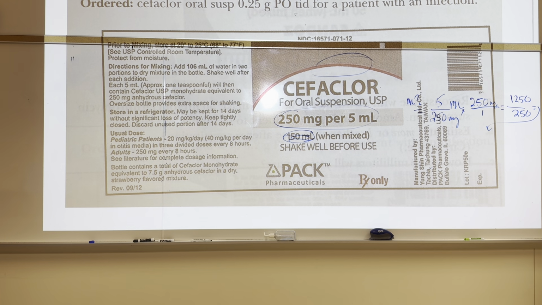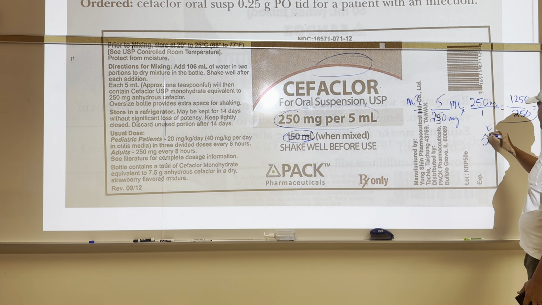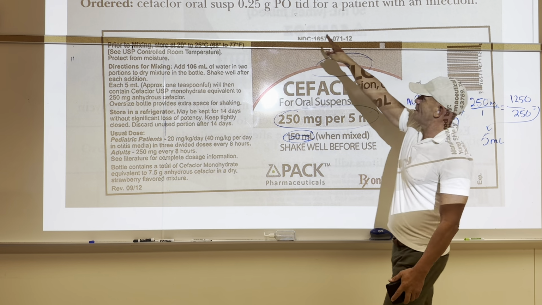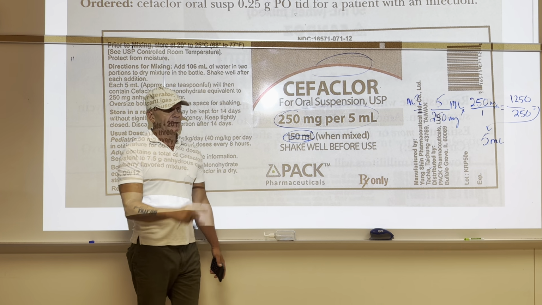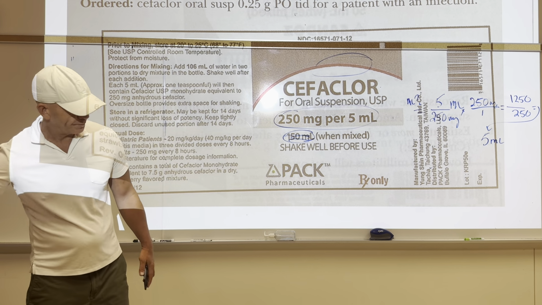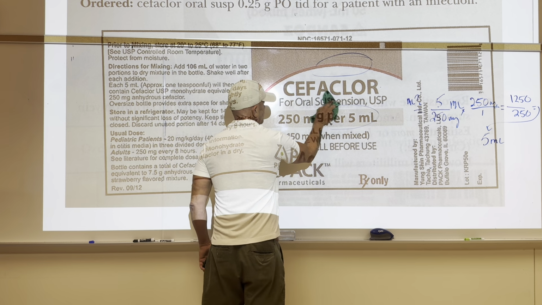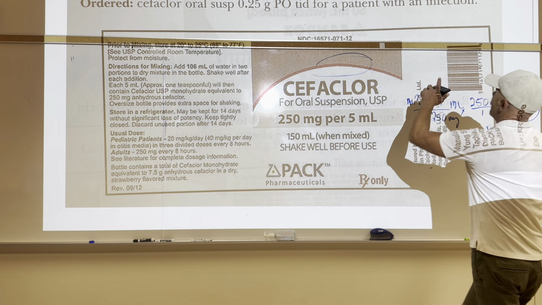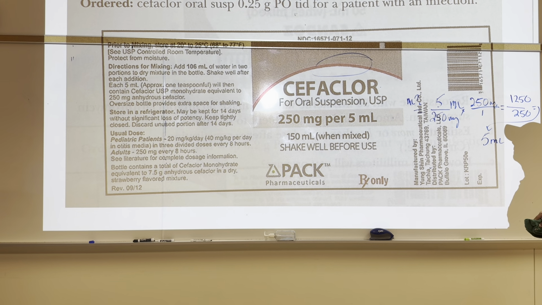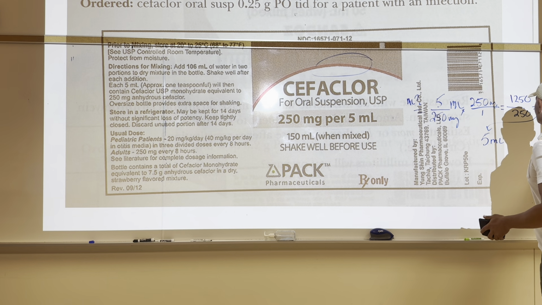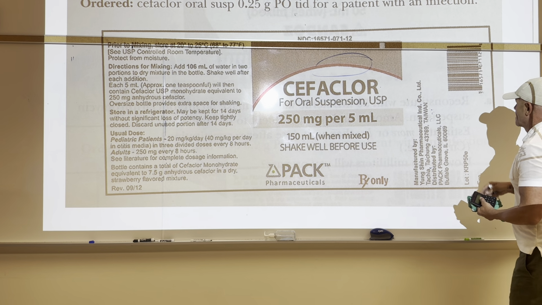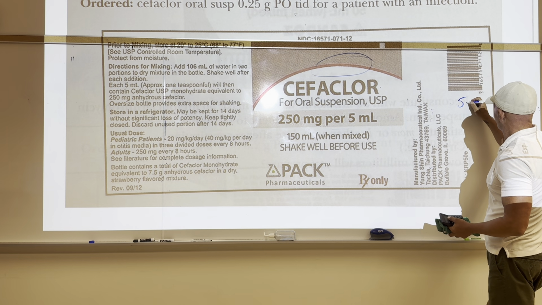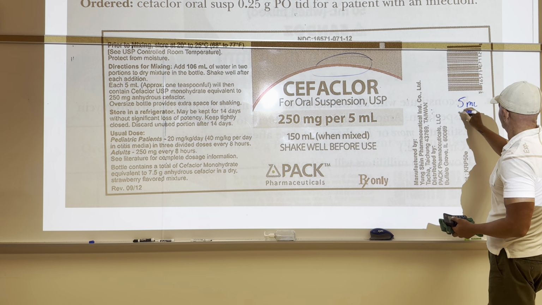How many mLs is that? 5 mLs, guys. If it's 250 milligrams by mouth, and you got 250 milligrams here, it's 5 mL dose. It's 1 dose, okay? Now, okay, so if we know TID is 3 times a day, how many doses is that? 3 doses, okay? But if you want to see how to do it longhand, we got 5 mLs per dose.